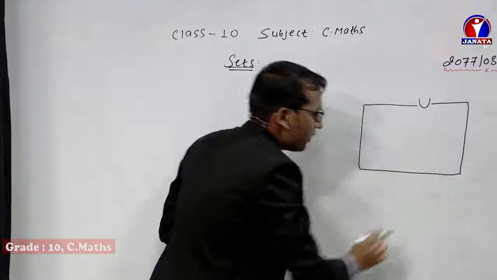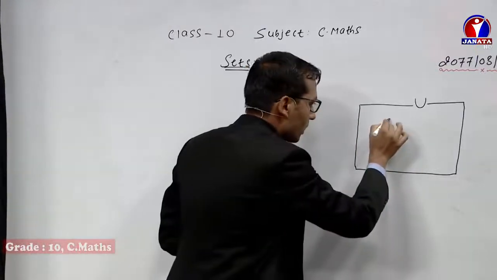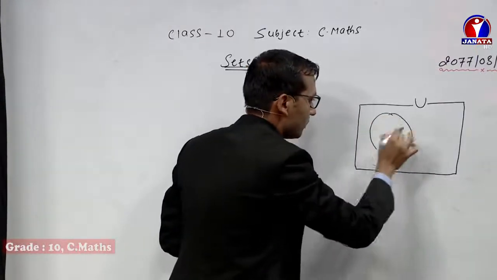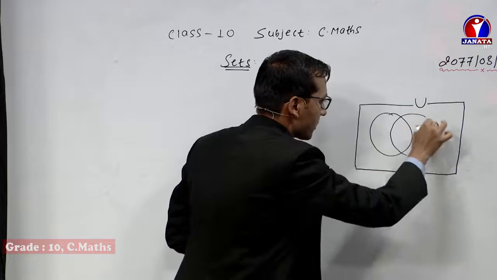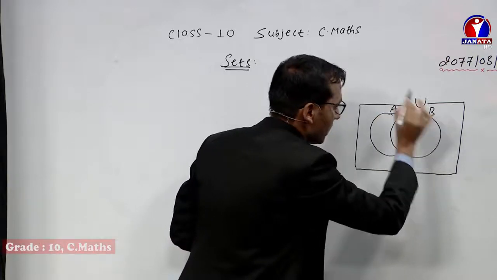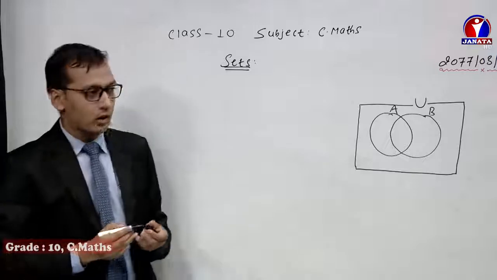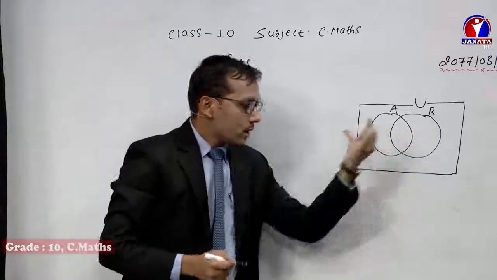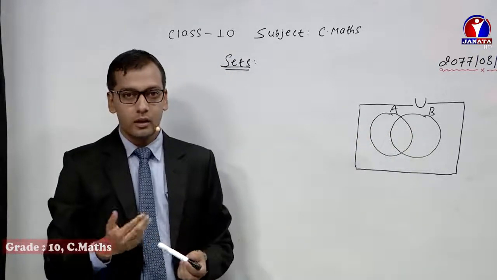Here U is a universal set. I'm drawing the Venn diagram based on two subsets. Here A and B are the two subsets of universal set U.